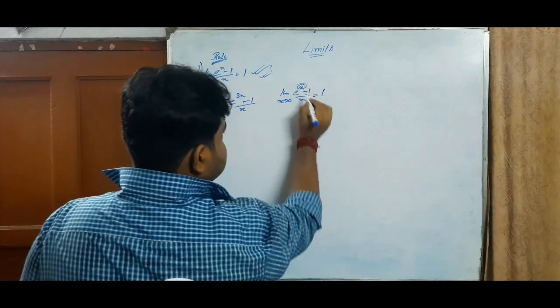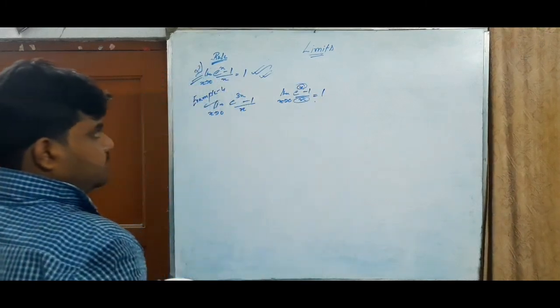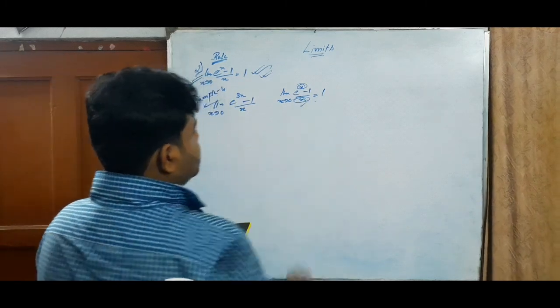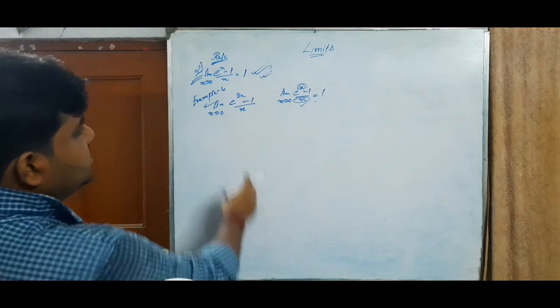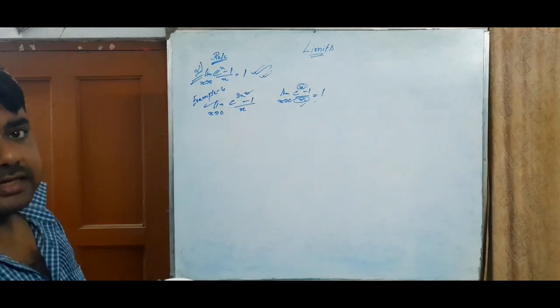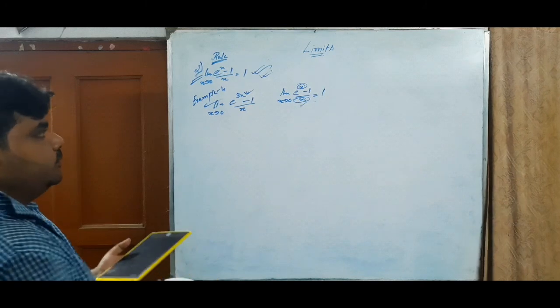Now here it is x and here it is also x. Therefore the exponential power is x and the denominator is also x. But in this sum the power is 3x while the denominator is x. So what can we do?